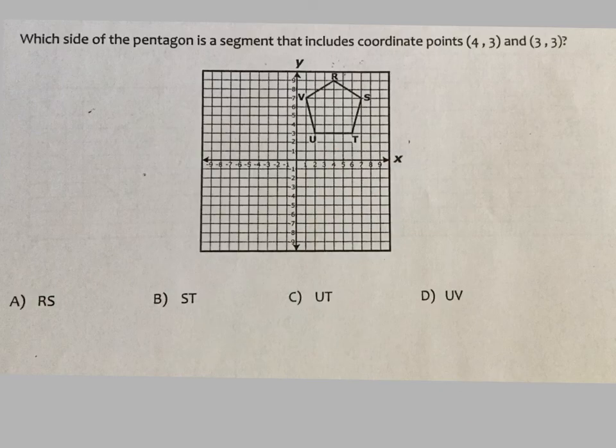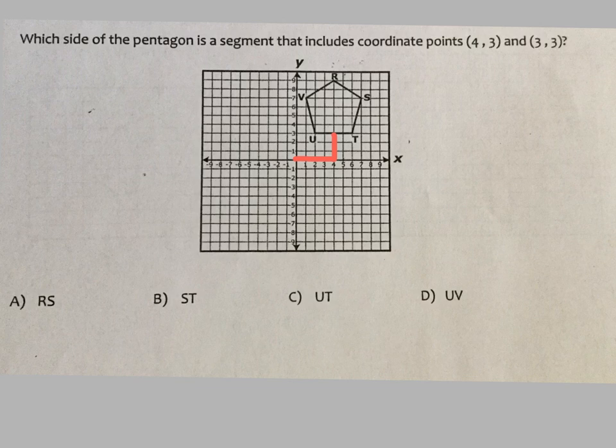Which side of the pentagon is a segment that includes coordinate points 4, 3 and 3, 3? So it looks like we're going to have to graph these ordered pairs and then figure out which line segment they sit on. So if we go to 4, 3, we start at the origin, we go right 4 and up 3, right there.